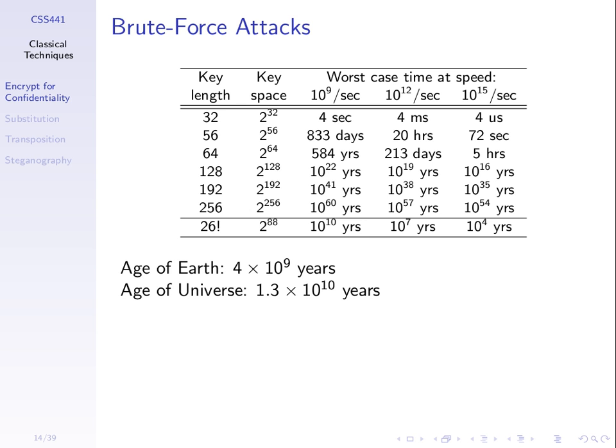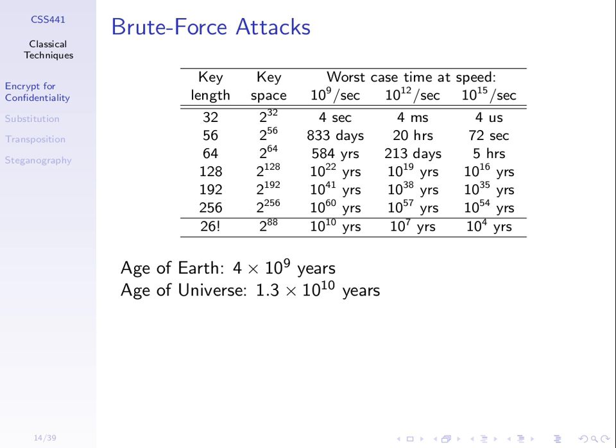In any case, too short. That is, an attacker is willing to wait for 4 seconds to get the key. In other words, a key length of 32 bits is not secure against a brute force attack. It's easy to break. It's easy to find the key.